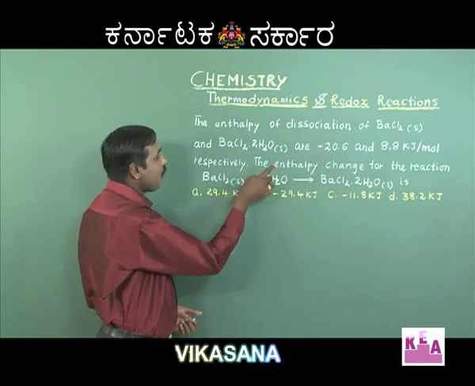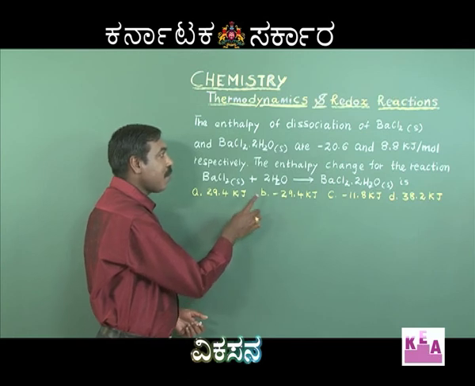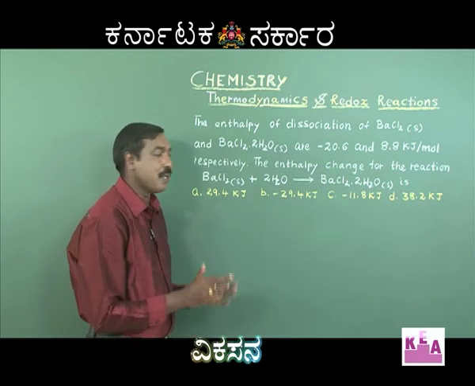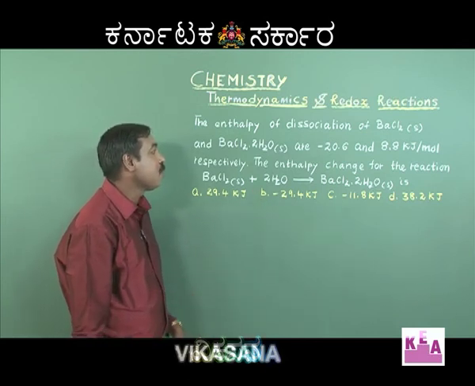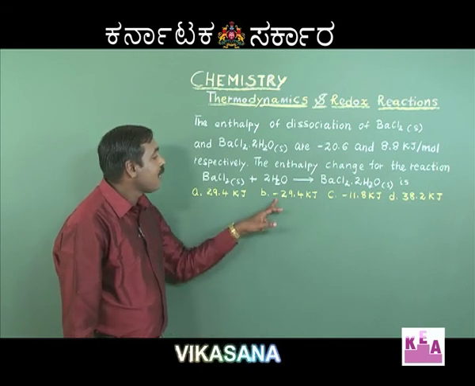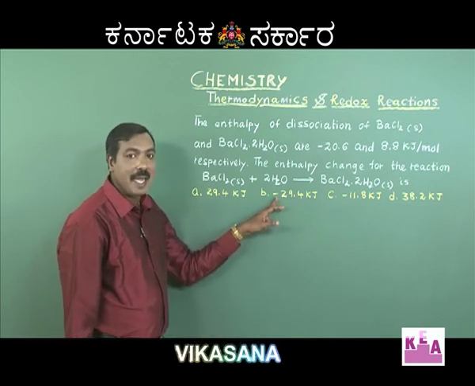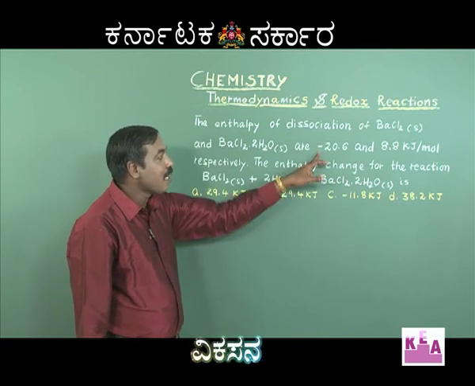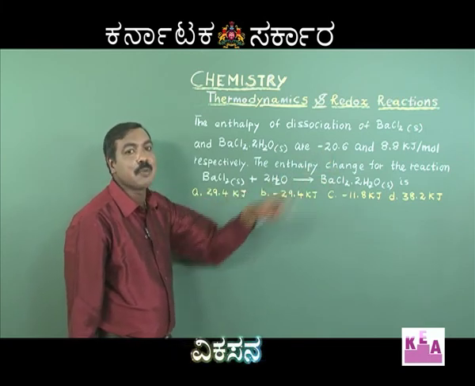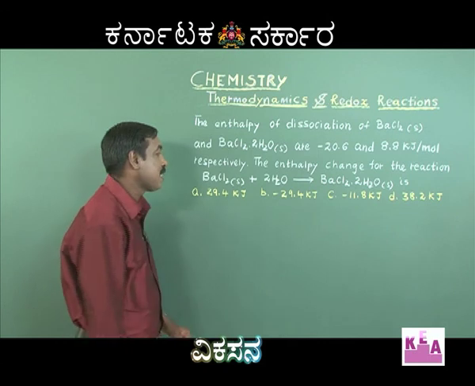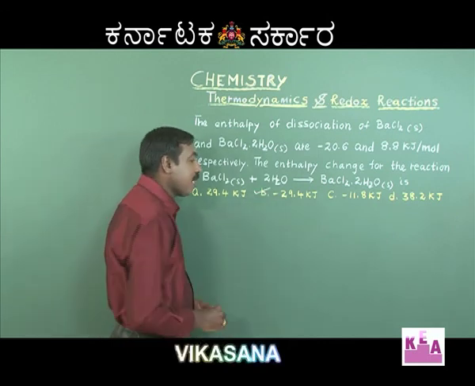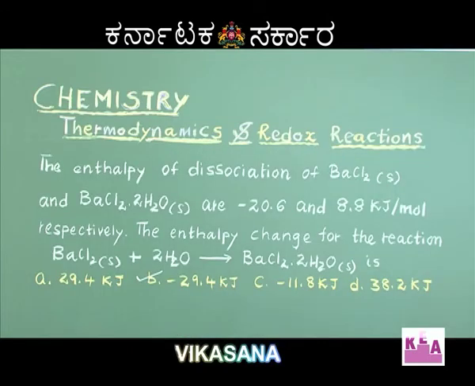So, minus 20.6 and minus 8.8 would definitely give me a negative value. It is minus 29.4, by adding both minus 20.6 and minus 8.8. Therefore, the correct answer is option B, minus 29.4 kilojoule per mole.